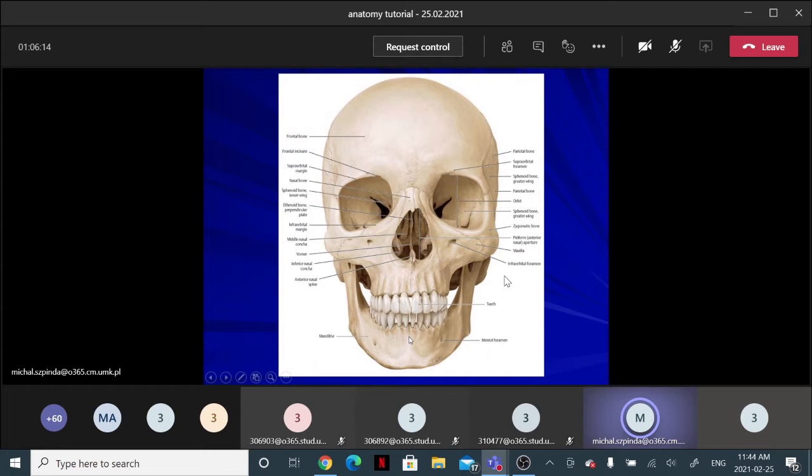A mental protuberance that's triangular with its superior apex and its inferior base, bounded laterally by the mental tubercles. This is the ramus of the mandible that's continuous with its body.